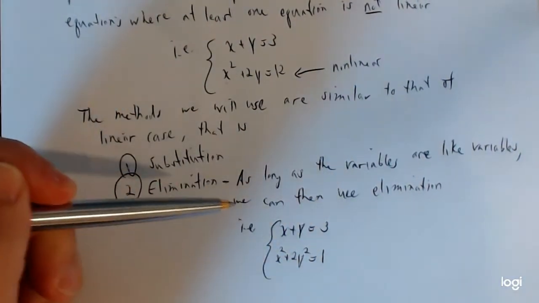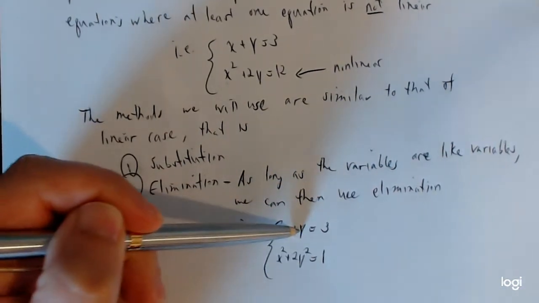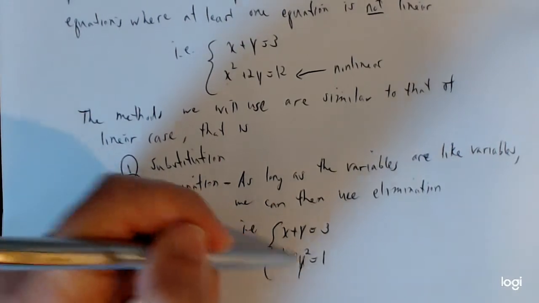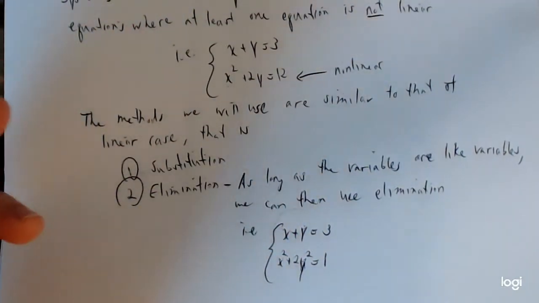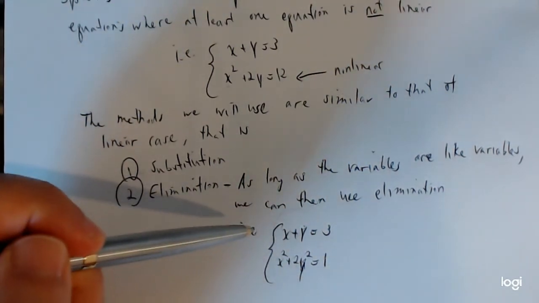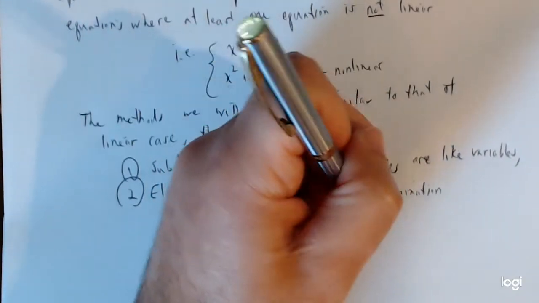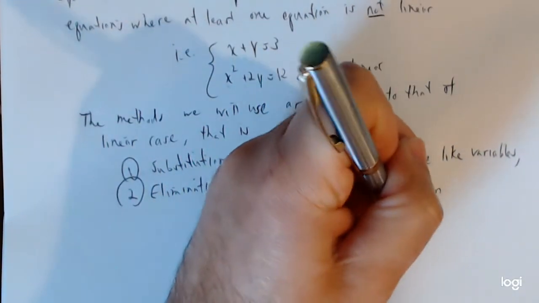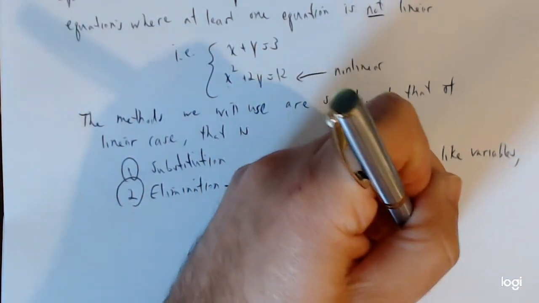I cannot use elimination because this is x, that's x squared, that's y, that's 2y squared, or more importantly, the 2 doesn't matter, it's just this is y, that's y squared. So I can't really eliminate these using the elimination method, so we're better off using substitution. Just keep in mind that for this, we cannot use elimination.